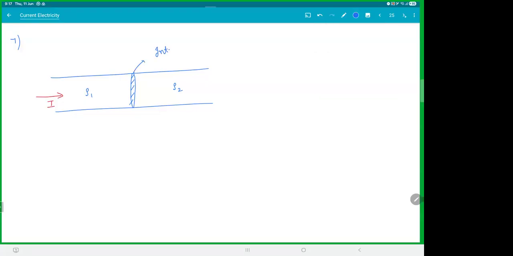So you have joined two wires and the current is flowing through them. The composite wire carries current I. Rho 1 and rho 2 are the resistivities. Now something happens here.